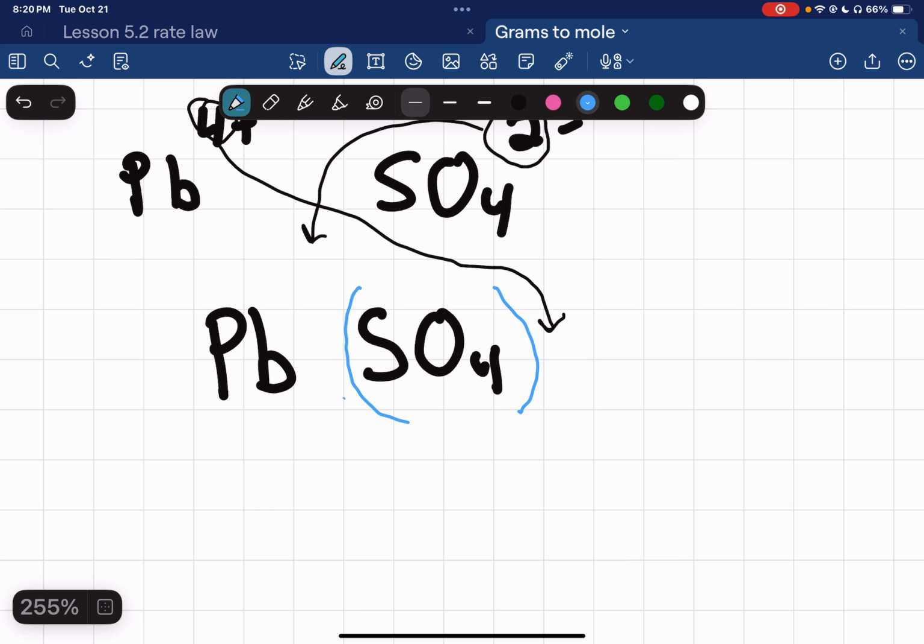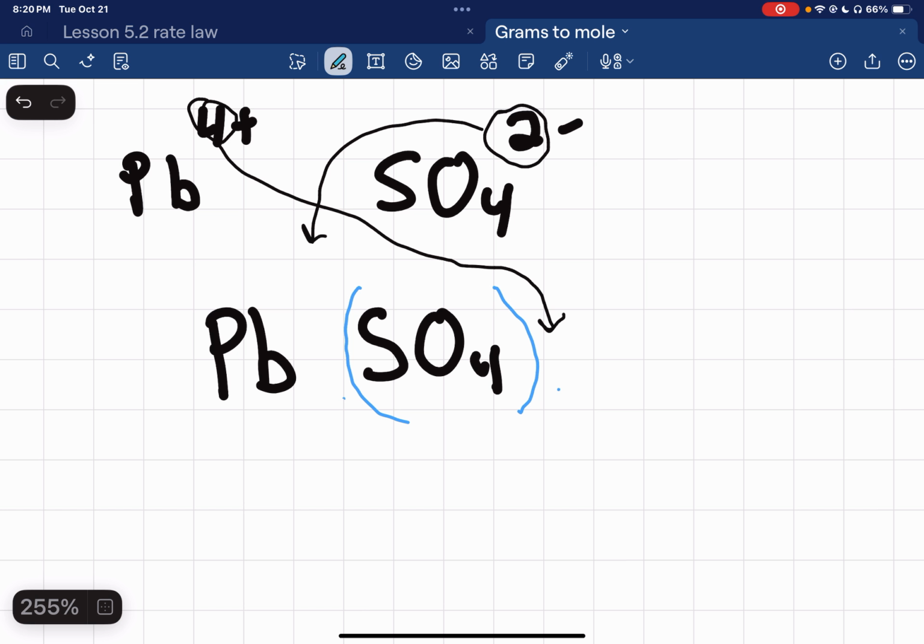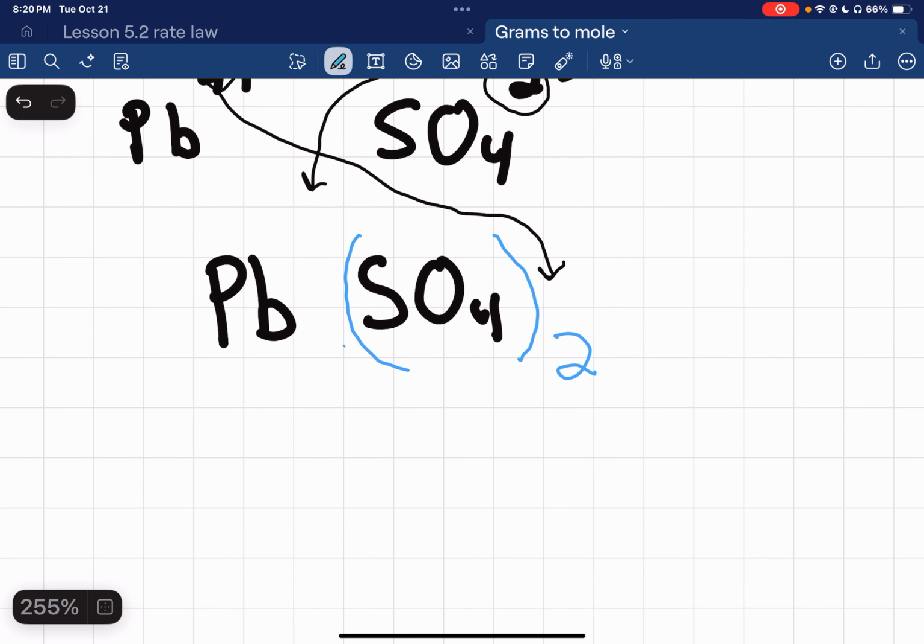Oh, come on, click on it. There we go. We're going to put the 2 right back there. So our chemical formula for this compound is Pb, and then we have SO4, and there's 2 of them, still using the same method that we learned way back at the beginning of this lesson.